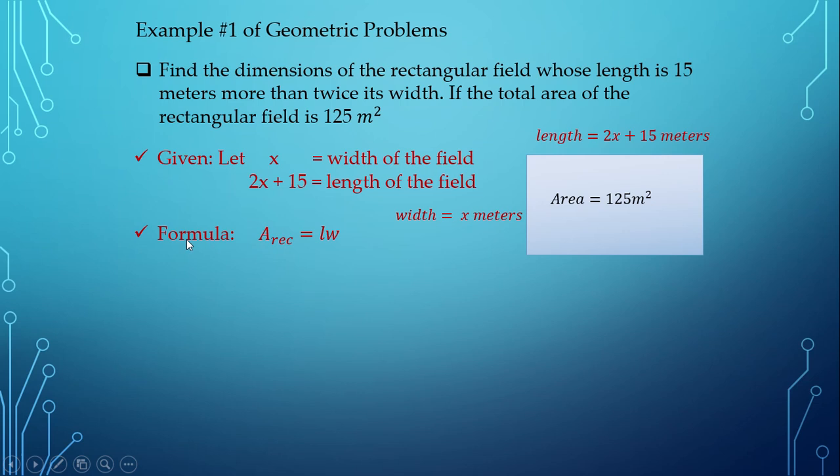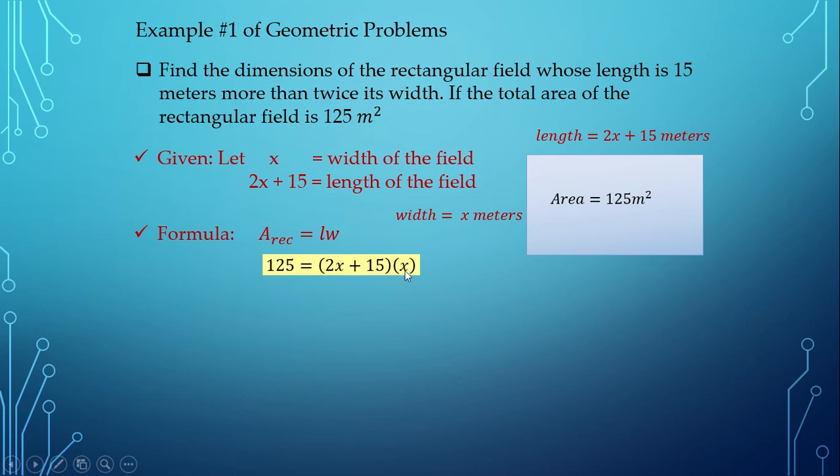Formula. The area of the rectangle is equal to length times width, wherein the given area of the rectangle is 125 is equal to the length. What is the representation of the length? 2x plus 15 times the width, which is only represented by x.